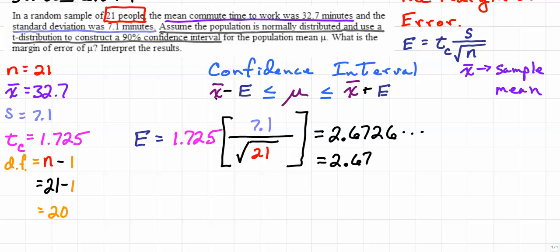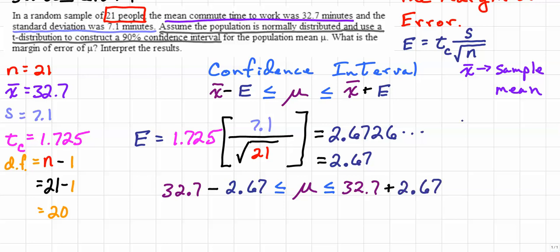Now we'll create the confidence interval. The sample mean minus this value: the sample mean is 32.7, and we subtract from that 2.67, and that will be less than or equal to the population mean mu, whatever that may be, and that will be less than or equal to the sample mean of 32.7 plus the margin of error, 2.67.